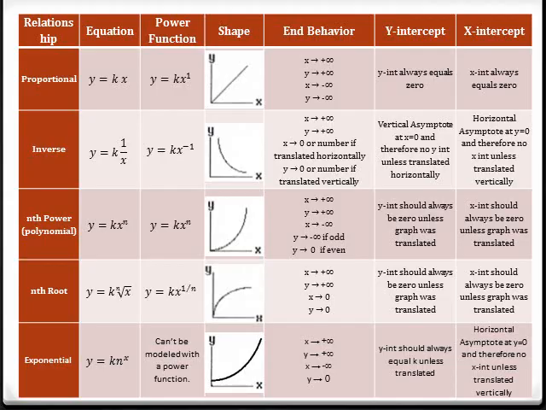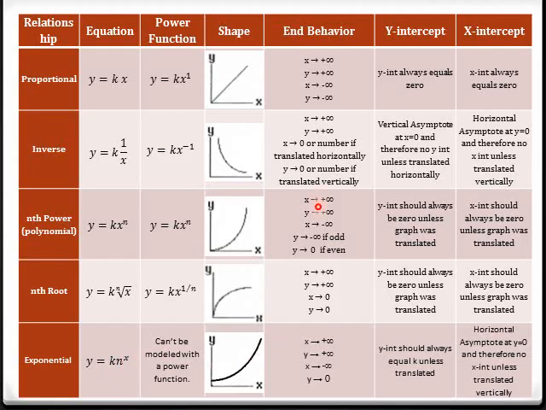So let's take a look and see which one of these actually meets our criteria. Which ones have a shape of curved up? So not proportional, not inverse, nth power might work, not nth root, and exponential might work. So just by looking at the shape, we've narrowed it down to two different possible equations, either y equals kx to the power of n, or y equals kn to the power of x, one of those.